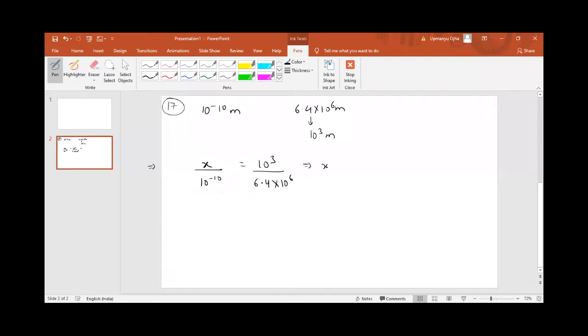Okay, so the answer would be equal to 10 to the power 3 into 10 to the power minus 10, divided by 6.4 into 10 to the power 6.